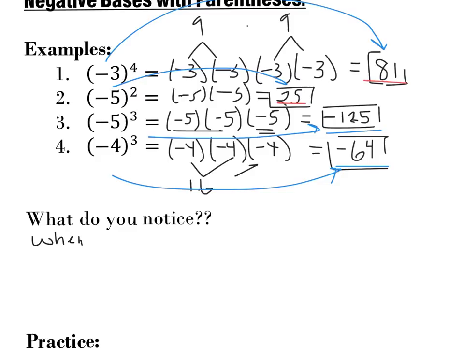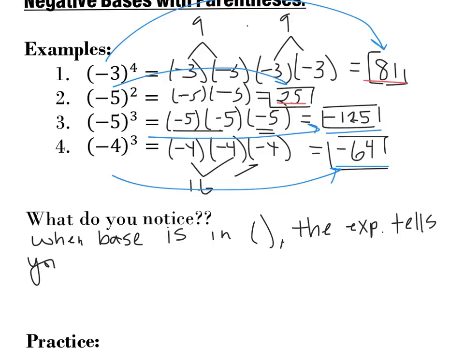When the base is in parentheses, the exponent tells you if the answer is positive or negative. So how do I write that?